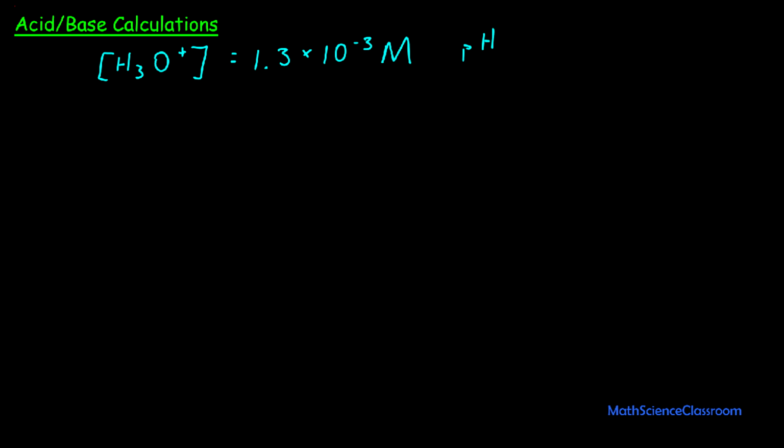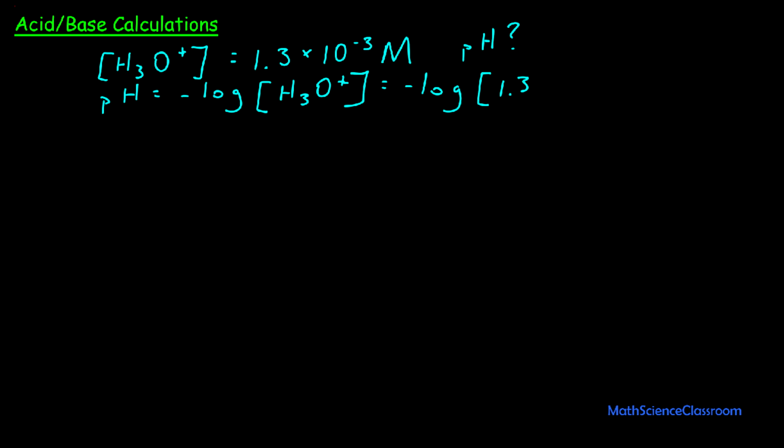How do we calculate pH in this instance? pH is simply the negative log of the concentration. So the negative log of the concentration of H3O+ equals the negative log, in this case, of 1.3 times 10 to the negative 3.